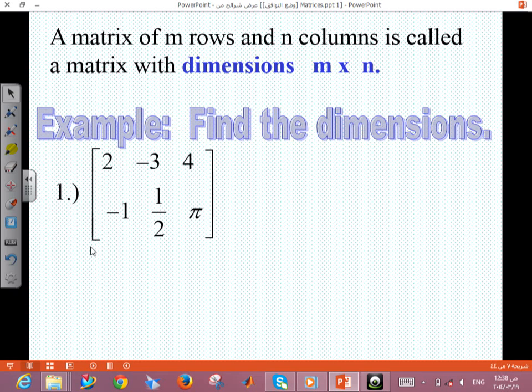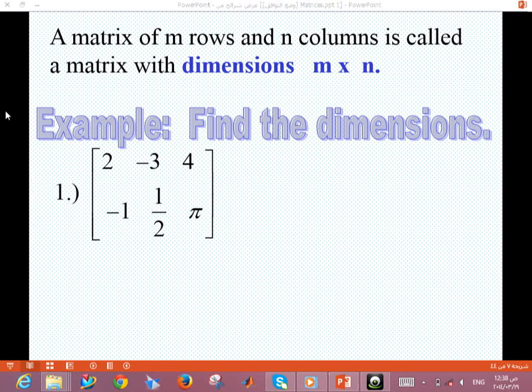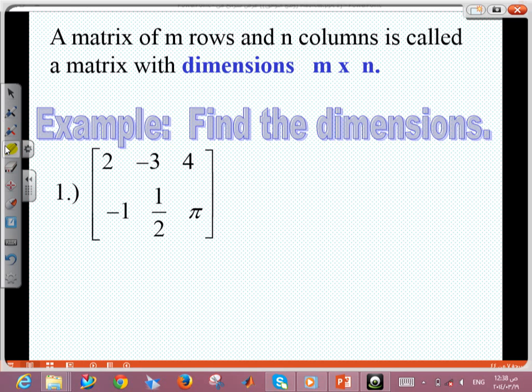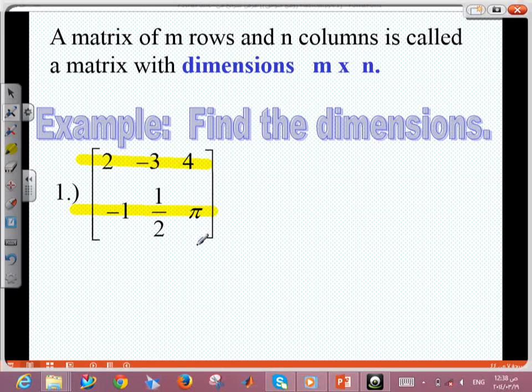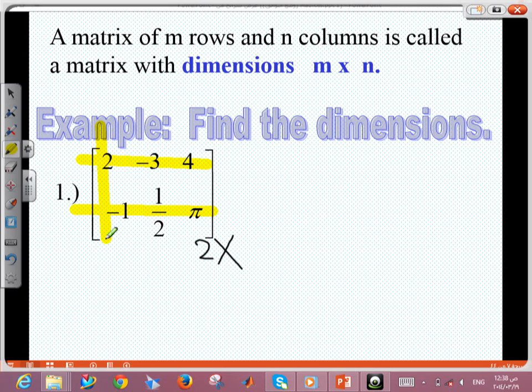To know how to determine the dimension, like this matrix, first example, you see now, first row, second row, then this is 2 times. First column, second column, third column.